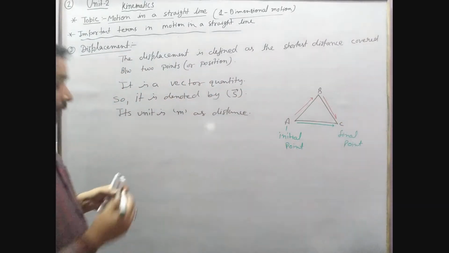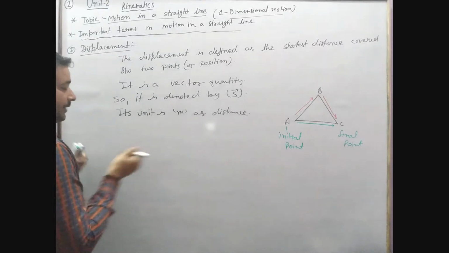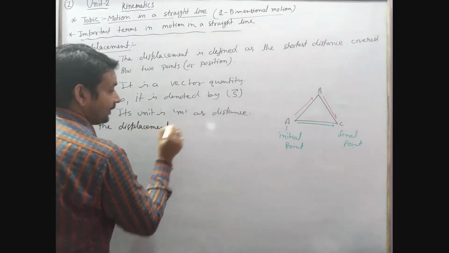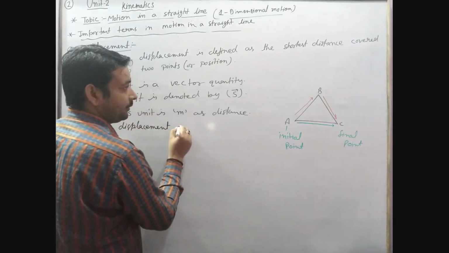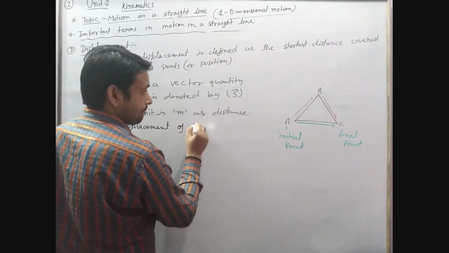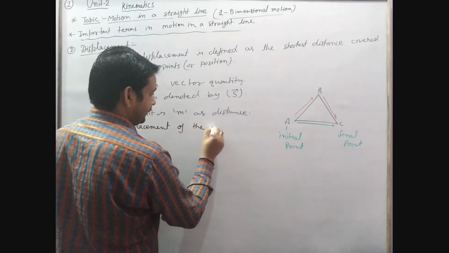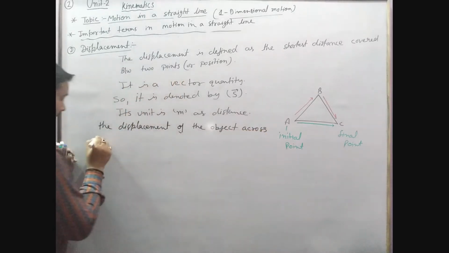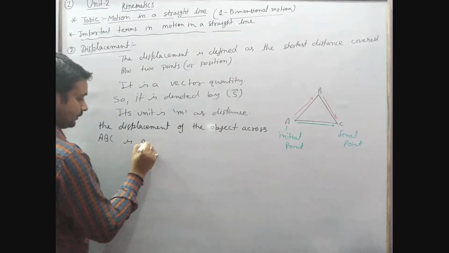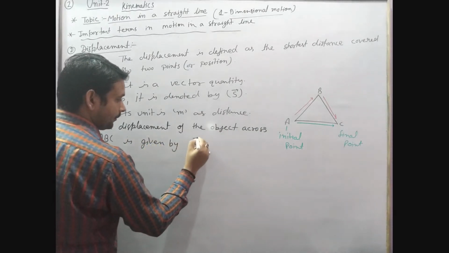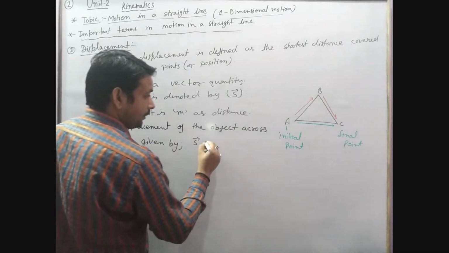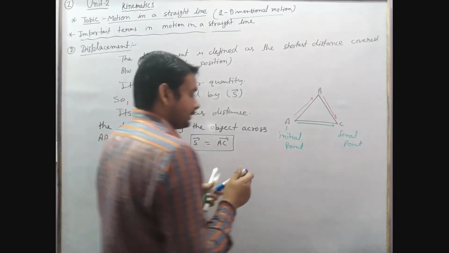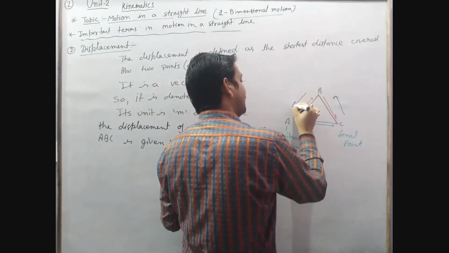So the displacement of the object across A, B, C is given by vector AC.